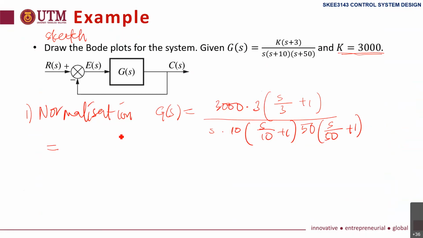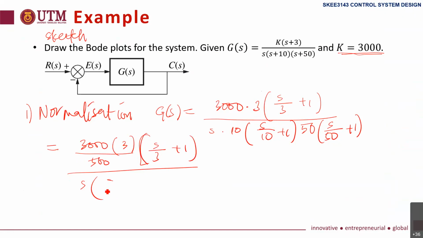Then that means 3,000 over 3 times 10 times 50, giving 2 over S over 3 plus 1, S over 10 plus 1, S over 50 plus 1.